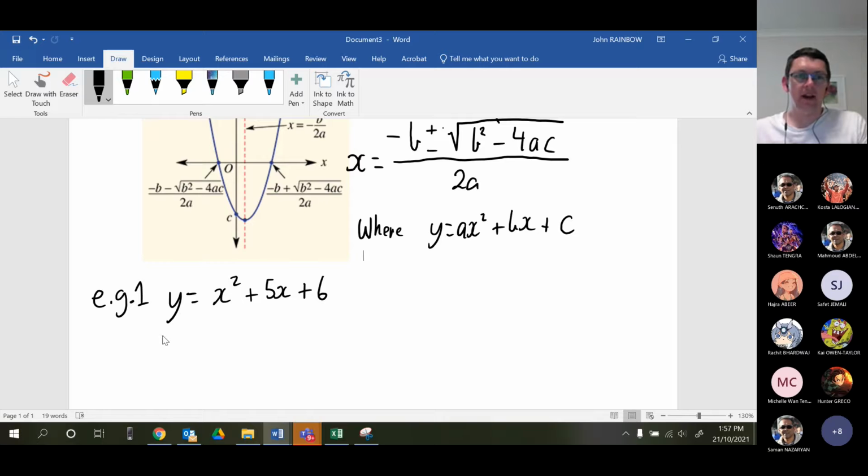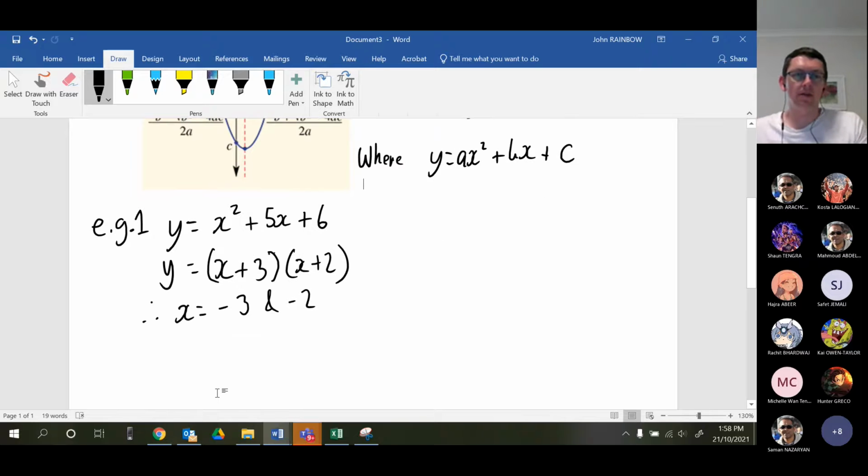I would just factorize it, right? That's going to be x by x, and the product of 6 that adds together to give me 5 has to be plus 3 plus 2. That's going to give me 5x, it's going to give me 6, and so on. Therefore, using the null factor law, I know x equals -3 and -2.